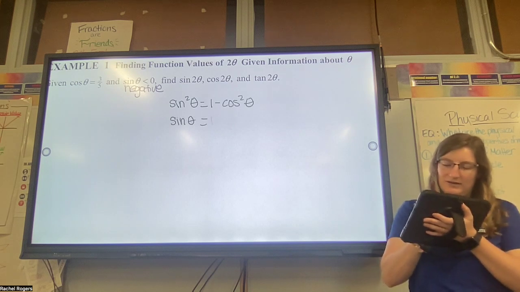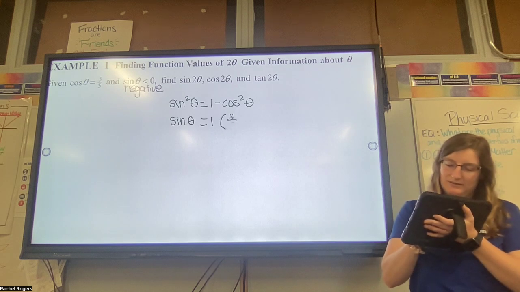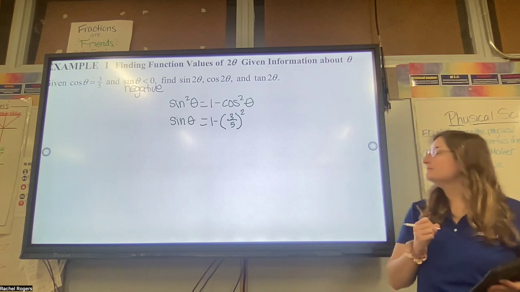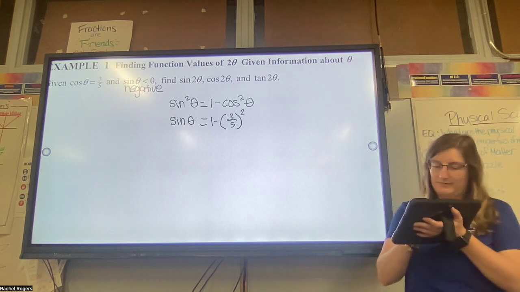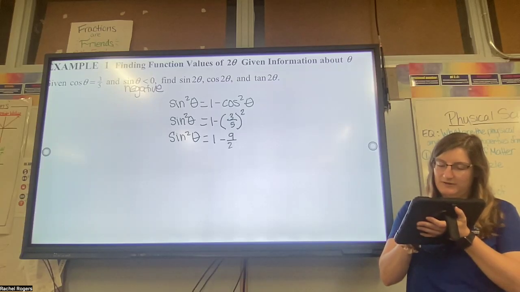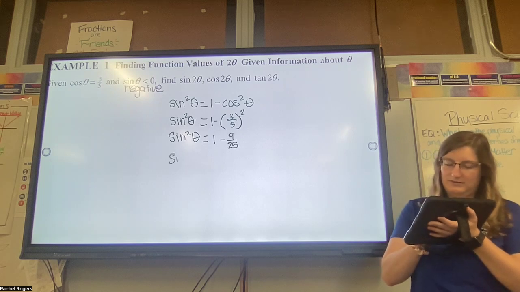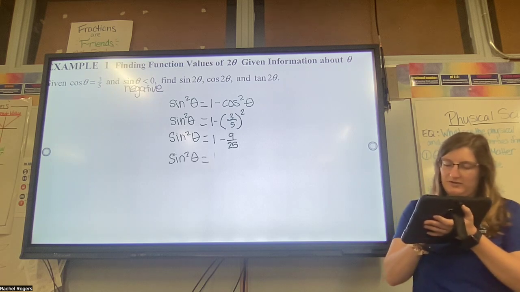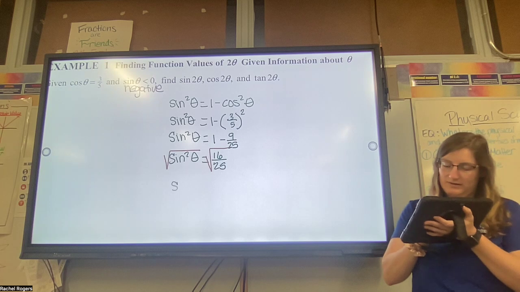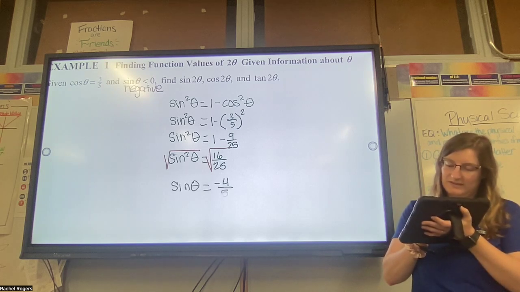We know the cosine of theta is 3/5. So sine squared of theta is 1 minus 9/25, which is 16/25. And then we can square root. Sine of theta is negative 4/5 because we said sine needs to be negative.